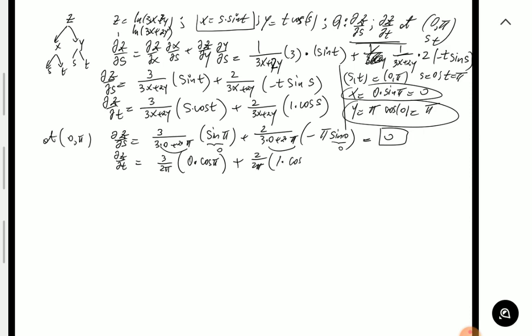That's cosine of 0, which is 1 in the end. This is still 0, goes away. Cosine of 0 is 1, so this is 2 over 2 pi, which is just 1 over pi, the other partial derivative.